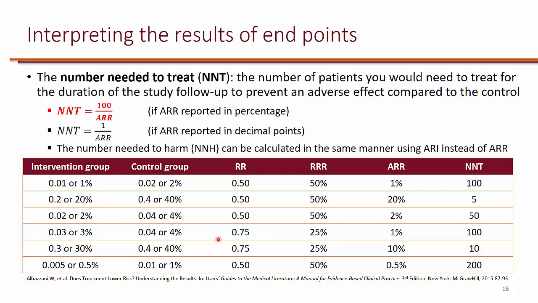In order to get absolute risk reduction, if you went from 4% in your control group to 3% in the intervention group, 4 minus 3 is 1, so we had 1% absolute risk reduction. And again, 100 divided by 1 will give you a number needed to treat of 100. There are some other examples that you can look at on your own in this table.